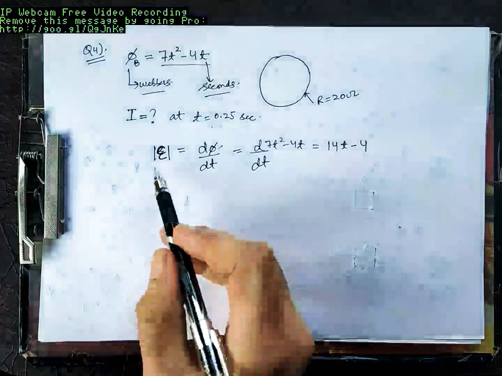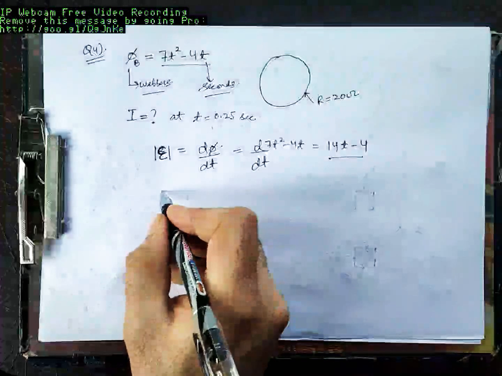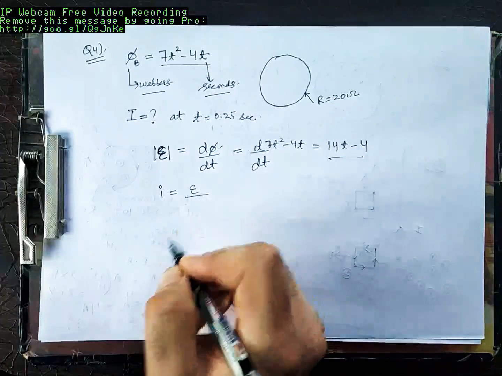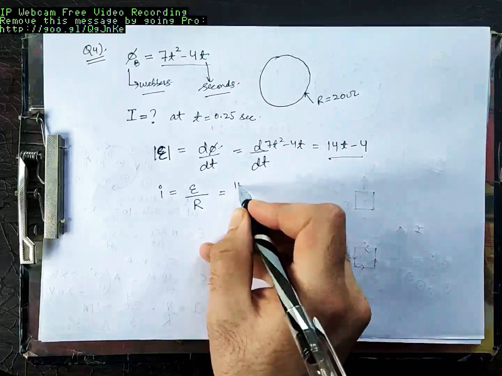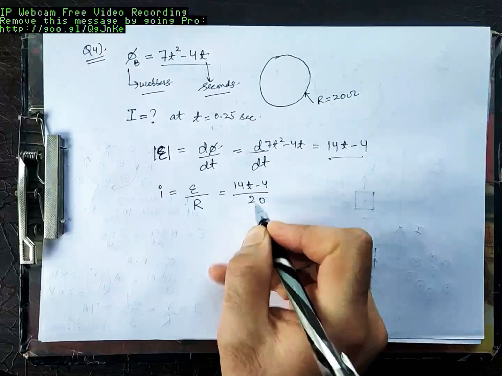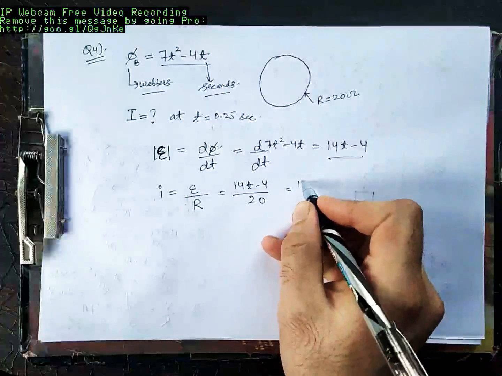Now we have the voltage that is induced. We can calculate current. Current I will be equal to induced EMF E divided by resistance R. That is 14t minus 4 divided by resistance, which is 20. So this becomes 14 times t.